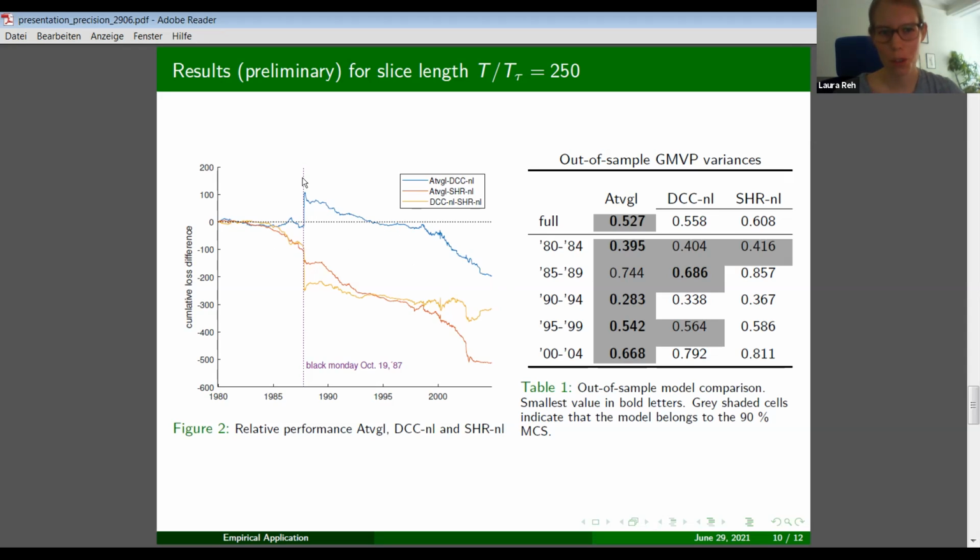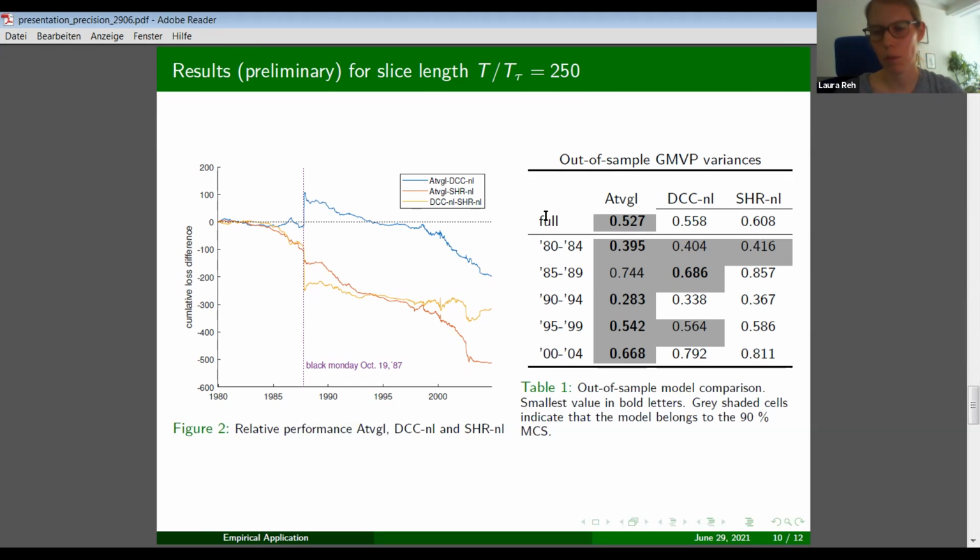There's one exception, and this exception almost destroys any kind of these forecasting experiments, which is the Black Monday in October 87. We have an extreme loss comparison to the DCC because it is still faster to adapt than our model. However, except for this period, we have this negative slope here.